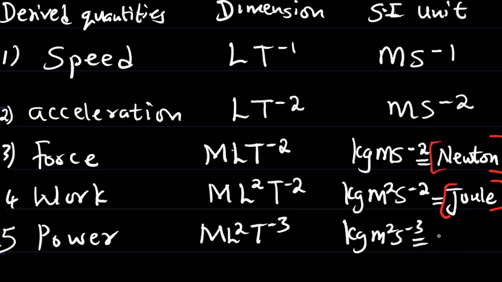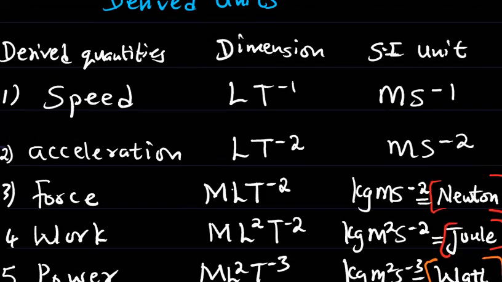So this is equal to watts. So as you can see, for these three derived quantities, force, work, and power, we use these units: Newton, joule, and of course watts.